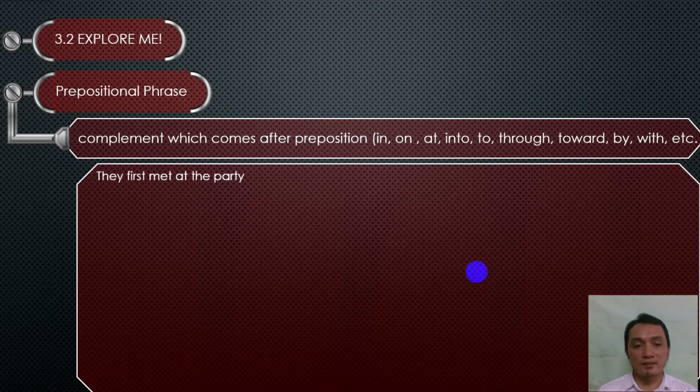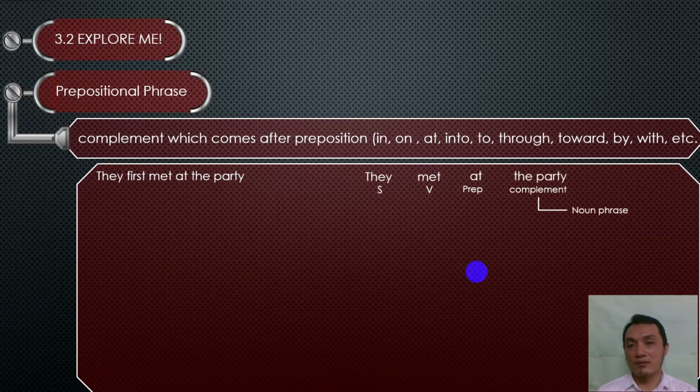So we try to analyze which is the prepositional phrase and which is not. They is the subject, met is the verb, at is the preposition, and the party is the complement. This complement is in the form of a noun phrase.